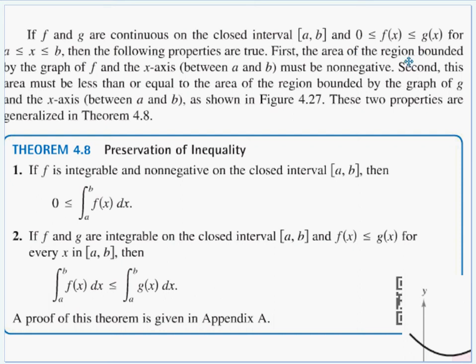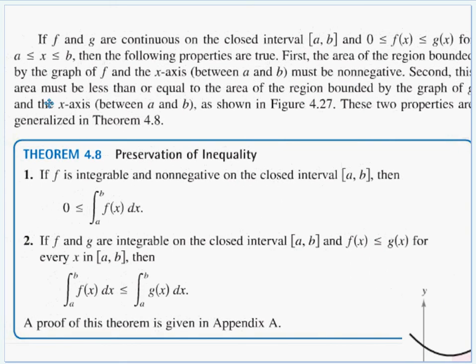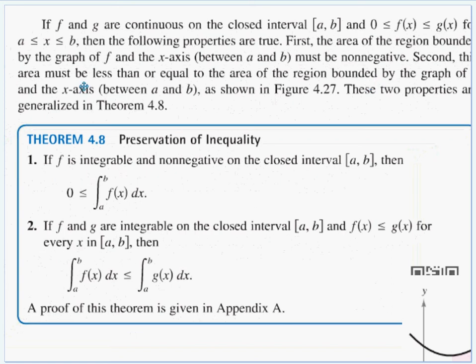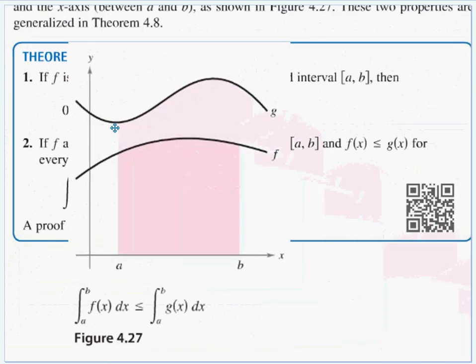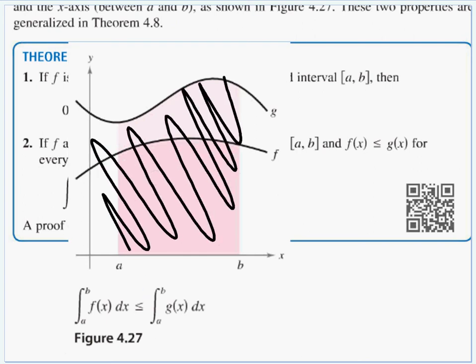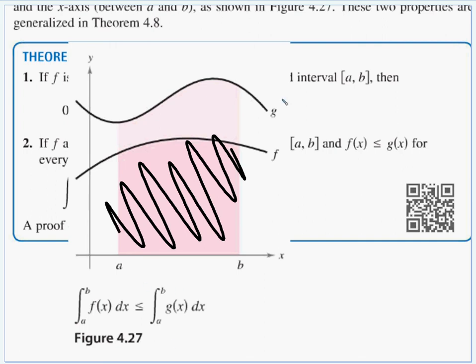First, the area of the region bounded by the graph of f and the x-axis must be non-negative. Second, this area must be less than or equal to the area bounded by the graph of g and the x-axis. So think about that. The area under g always is going to be more than the area just under f, because g is always on top.